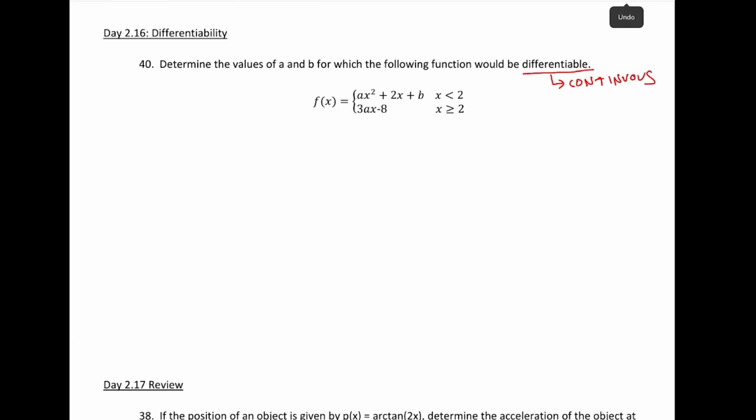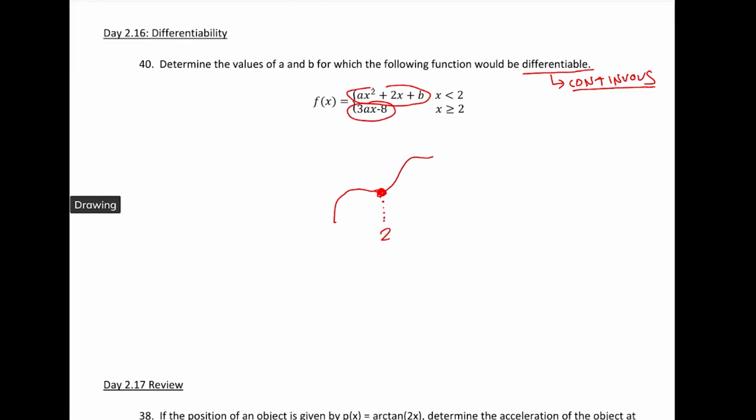What we mean by that is that we have two pieces of this function, and not only do these two pieces match up on the graph, who knows what they actually look like, I don't really care about that, but we need those two pieces to meet up at x equals 2, if they're continuous. If they're differentiable, that means the derivative exists, and that means that the slopes are going to approach each other as we approach that x value.